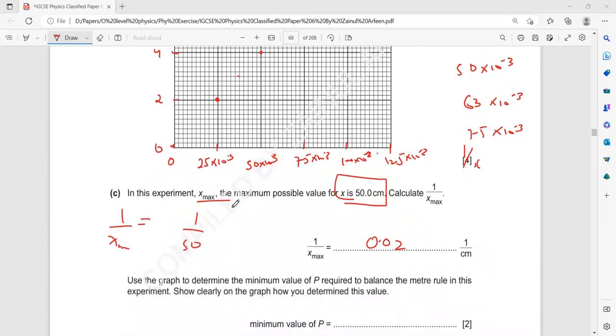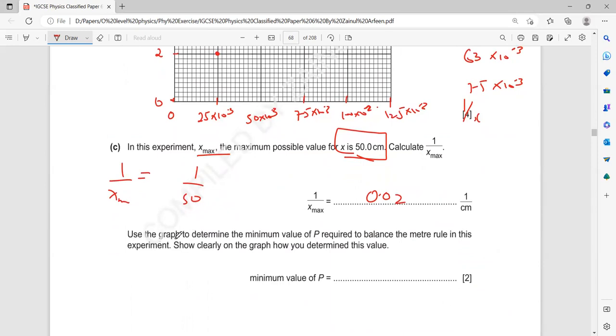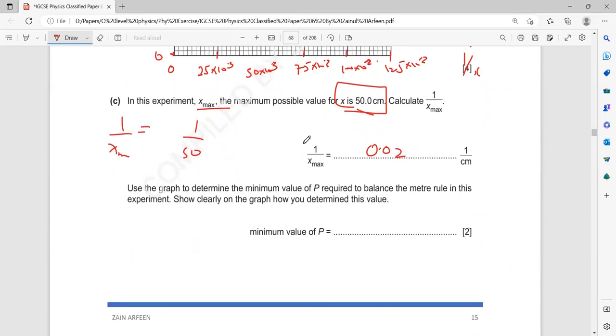So we work out in this experiment the X max, the maximum possible value of X is 50. So if X is 50, we take 1 over X. So 1 over X is equal to 0.02 in the experiment. Then the next part: use a graph to determine the minimum value of P. As you can see, if the value of X is increasing, the value of P is decreasing.